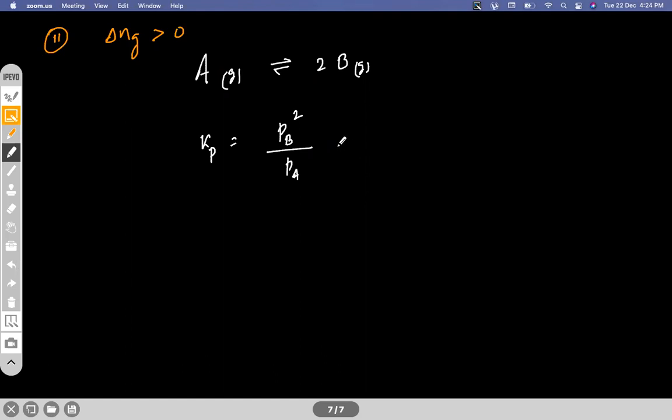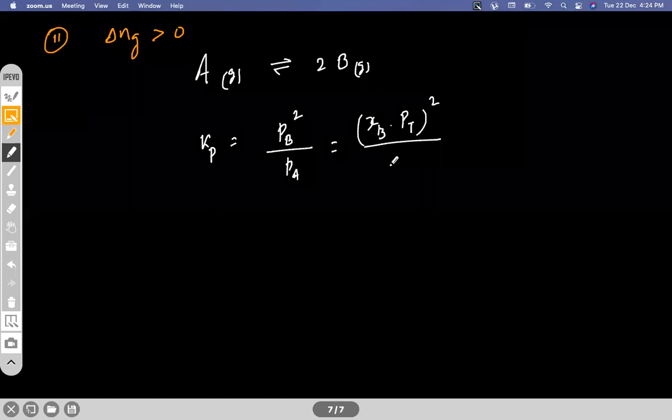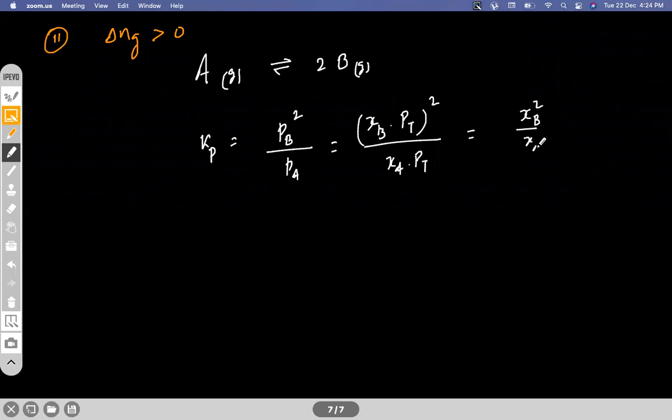So this further equals mole fraction of B into total pressure square divided by mole fraction of A into total pressure. This equals XB by XA into PT. Okay, copy this.